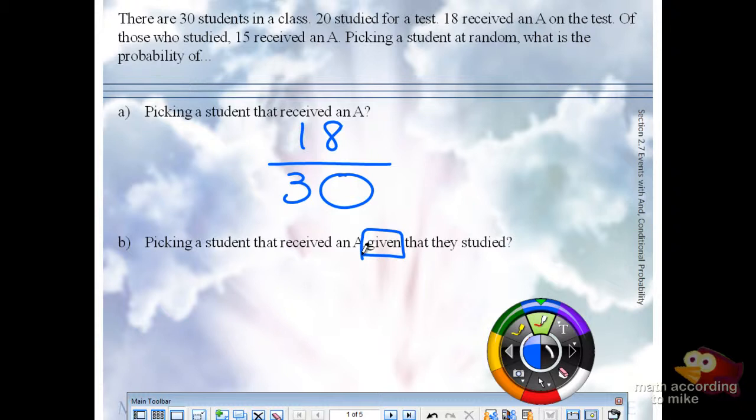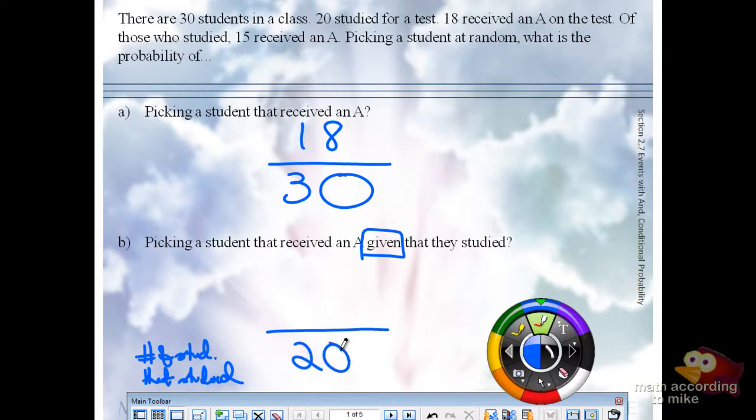Since it says given that they studied, the denominator would represent the number of students that studied, which is going to be 20. So only 20 of those students met that condition. Of those who studied, how many got an A? 15.